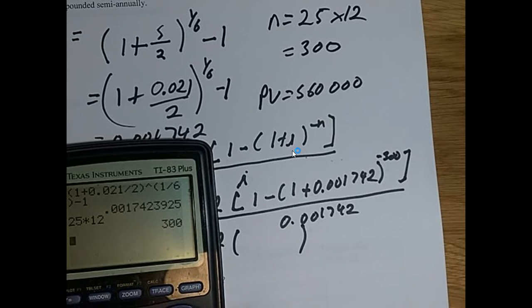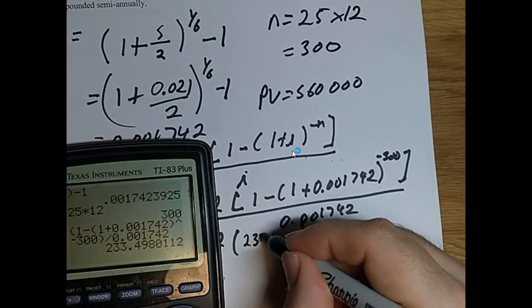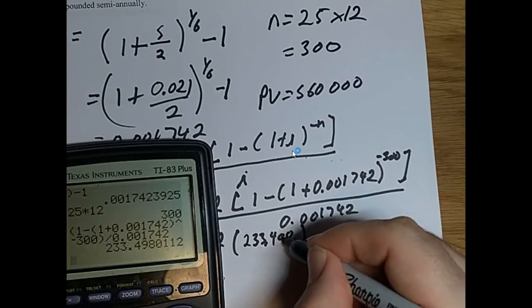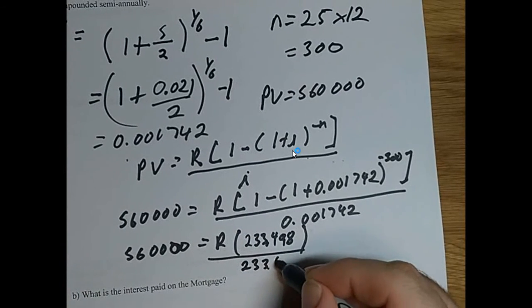We put bracket 1 minus bracket 1 plus 0.001742, close the bracket, to the exponent negative 300, close the bracket again, divided by 0.001742. We get 233.498, and we're going to divide both sides by 233.498.